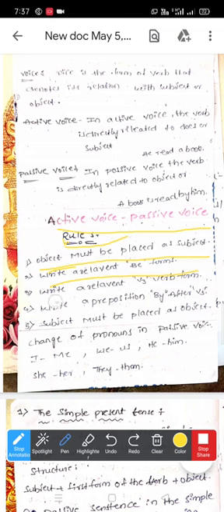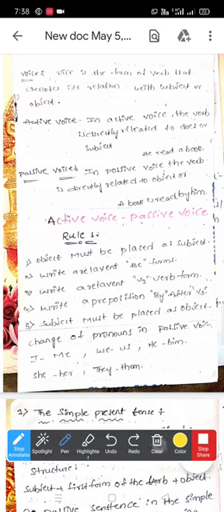Third, write a relevant V3 verb form after the be form. Fourth, write the preposition by after V3, compulsory. Fifth, the subject must be placed as object.